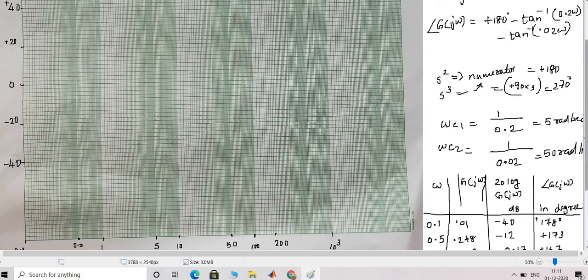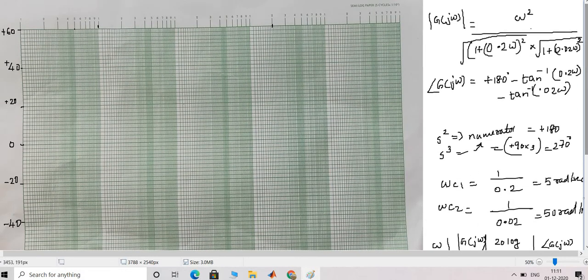So in all the problems you should mark the gain in decibels with the maximum value in the upper part, going from maximum to minimum. The scale should be drawn like this.